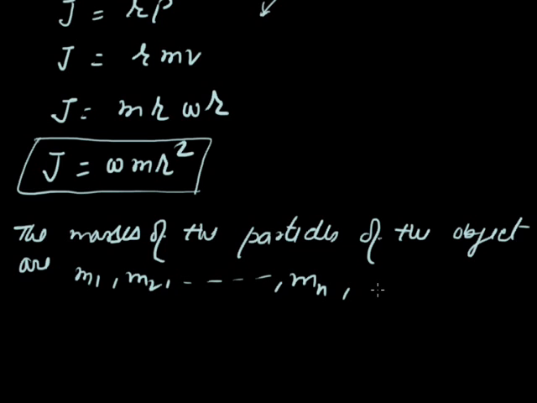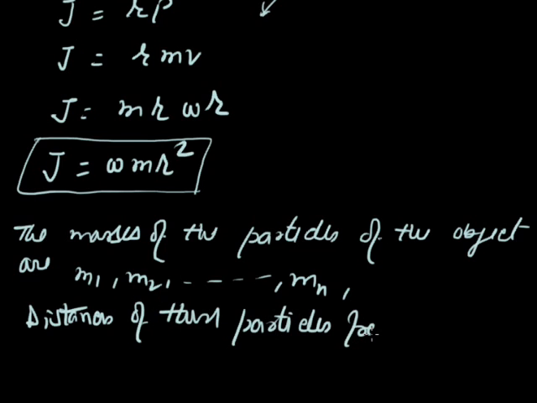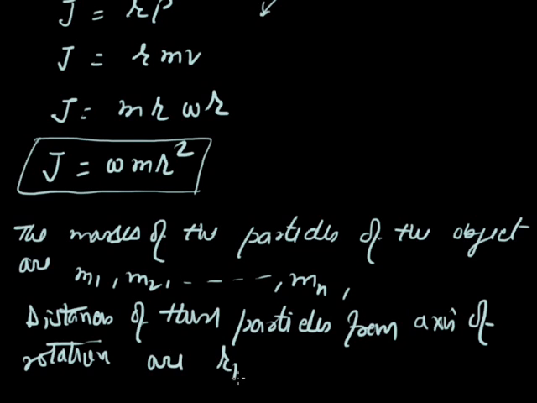Distances of these particles from the axis of rotation are r1, r2 and rn.